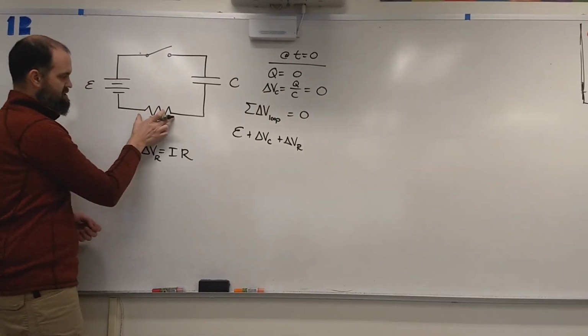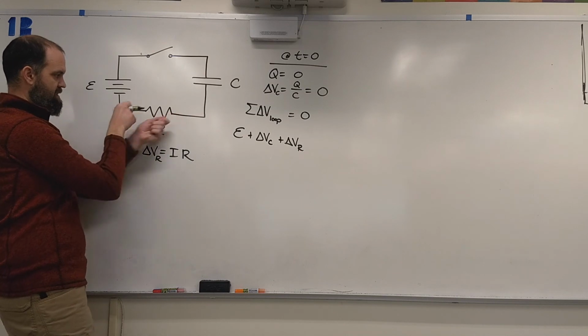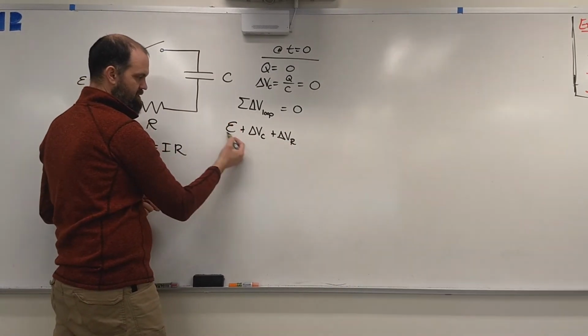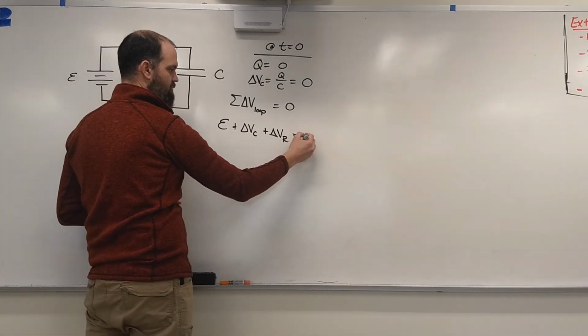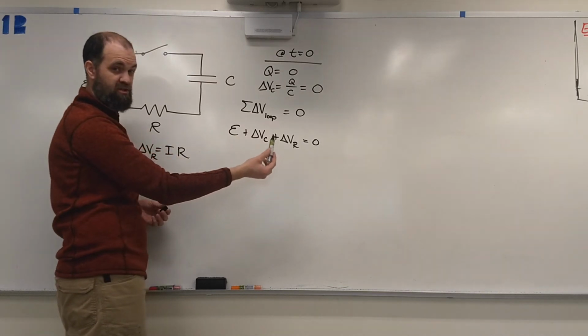If I were to measure this potential difference one way versus the other, red on one side versus black on the other side, I would get a positive or a negative value. So when we're recording these and setting it equal to 0, remember that we're actually dropping in potential. That's why we sometimes call it a voltage drop.